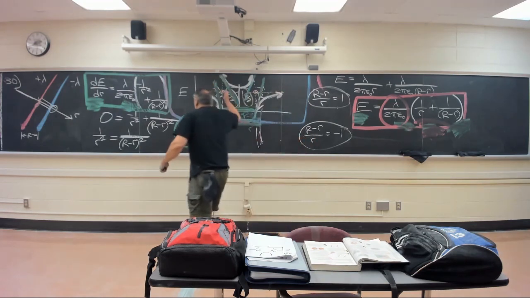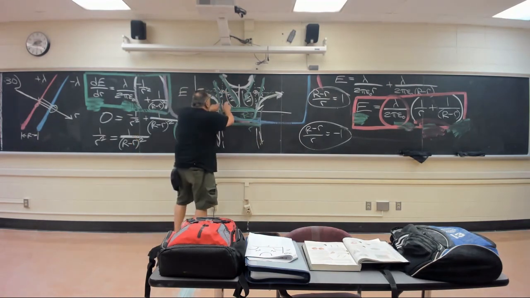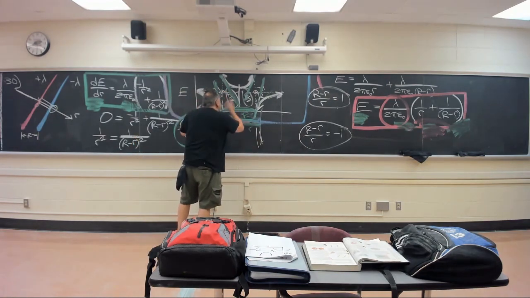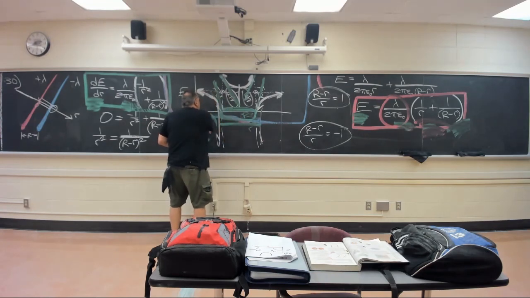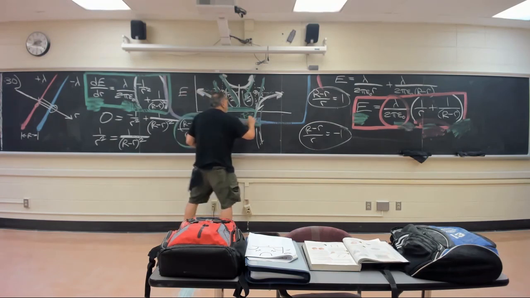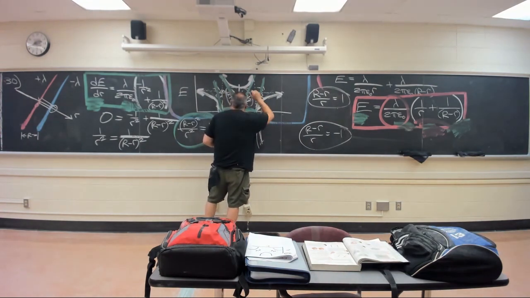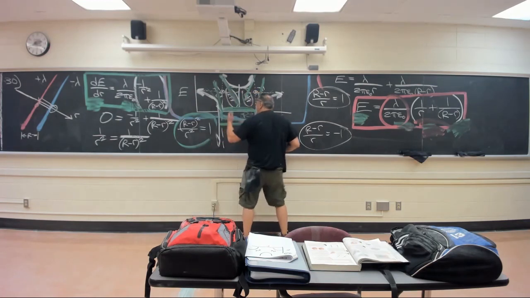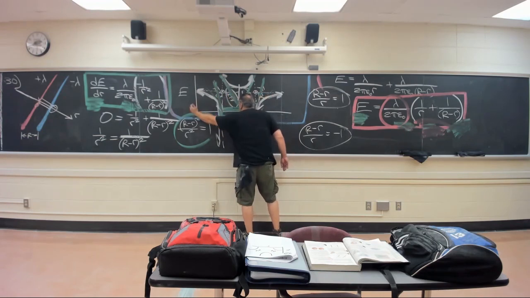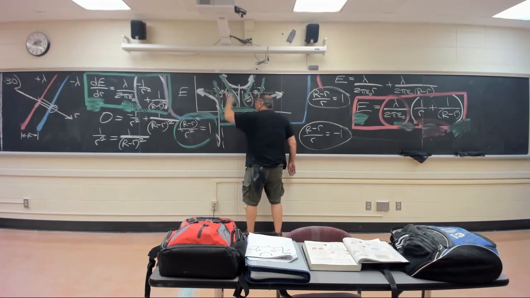When you actually plug in the limiting values, it doesn't matter if you're approaching from the left or from the right, the slopes are both positive over here. And here, the slopes are both negative.